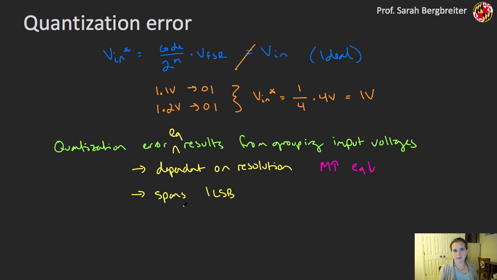Another result is that quantization error is going to span one LSB, and remember LSB is a voltage. So EQ is going to be bounded by plus or minus 1/2 of an LSB. And if I calculate that LSB voltage, I can get some sense of what that voltage error actually means for, for example, a sensor input voltage to my ADC.